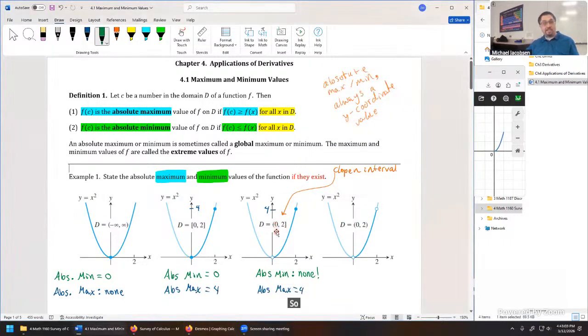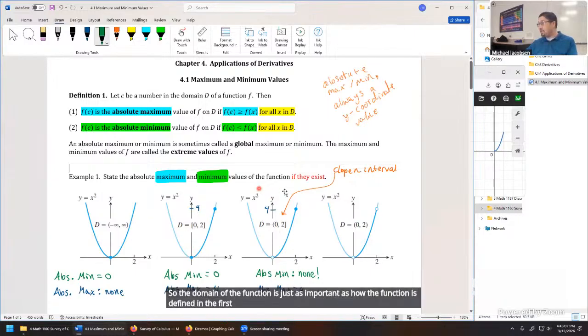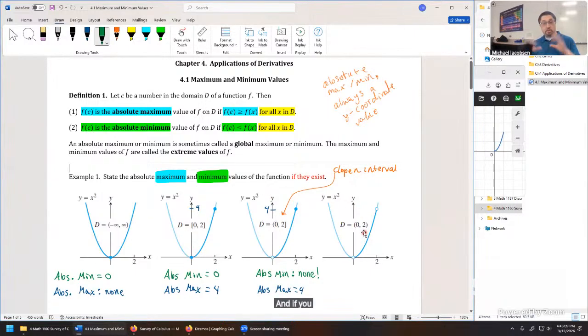So the domain of the function is just as important as how the function is defined in the first place. And if you go to this one, 0, 2, a fully open interval, this one will have neither a minimum, let's say absolute minimum to tie together the full name of the concept.